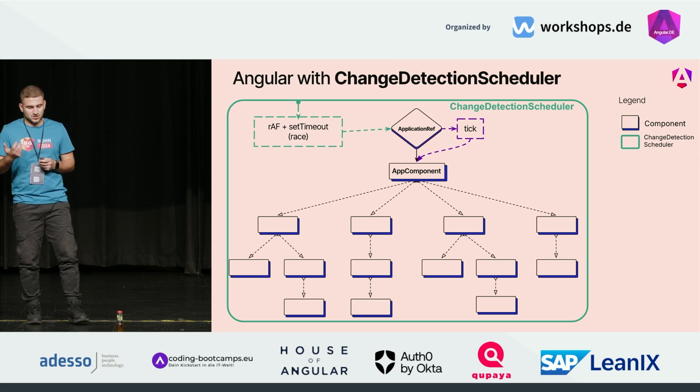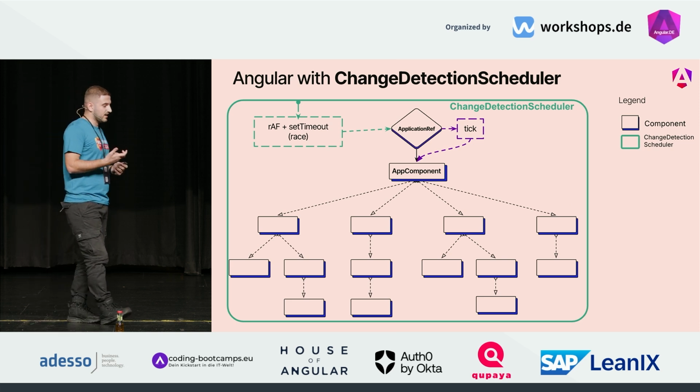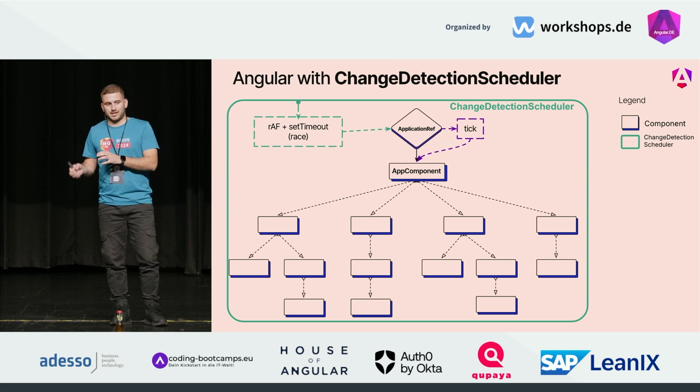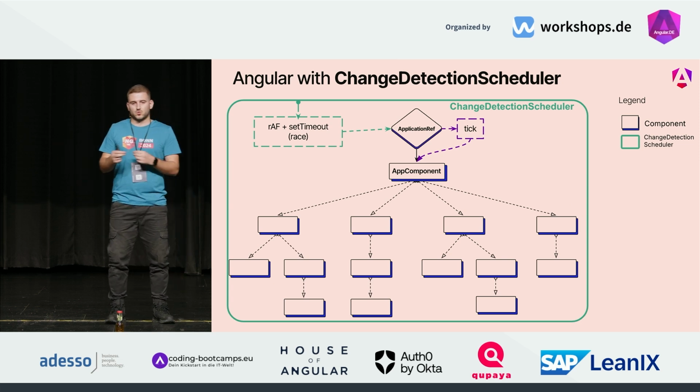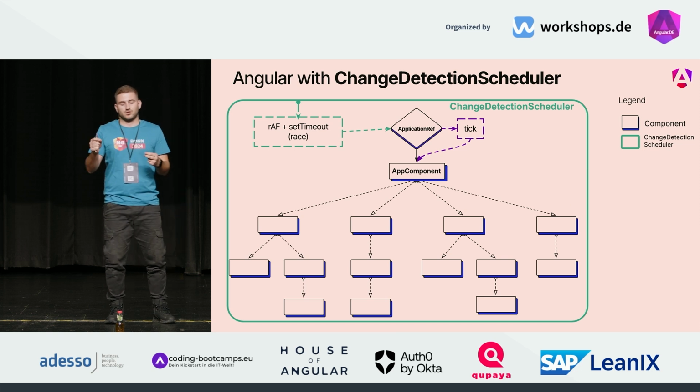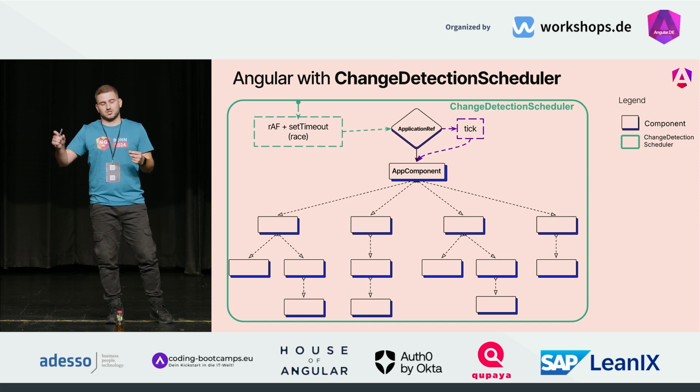What change detection scheduler will do when it gets notified is make a race between request animation frame and set timeout, and whichever goes first wins. Then, based on that, it will schedule the new tick, because change detection scheduler also uses tick under the hood.